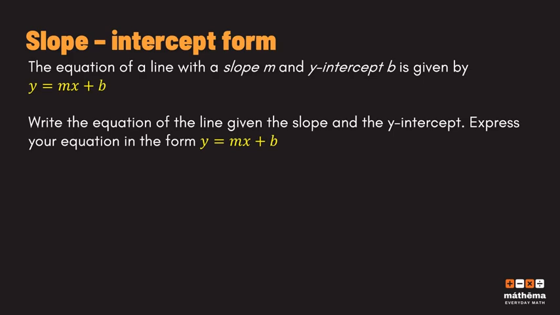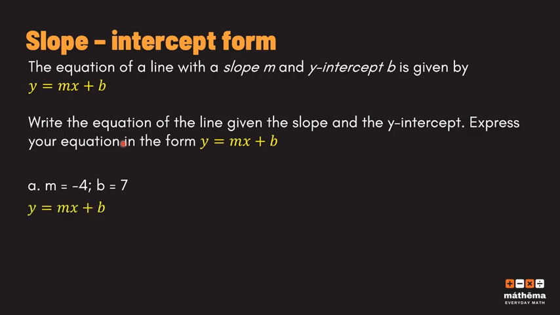Example 1. Write the equation of the line given the slope and the y-intercept. Express your equation in the form of y is equal to mx plus b. For instance, we have here our m or our slope is negative 4, and then our b is 7.